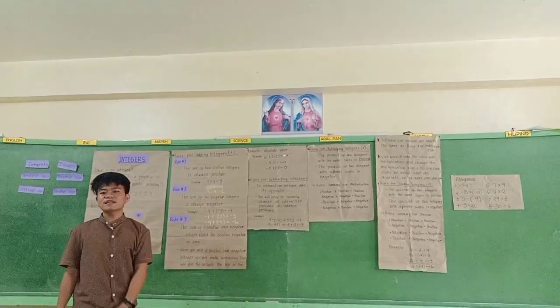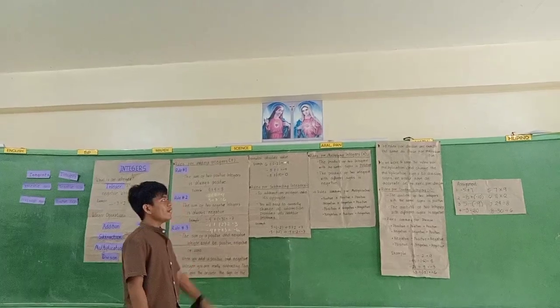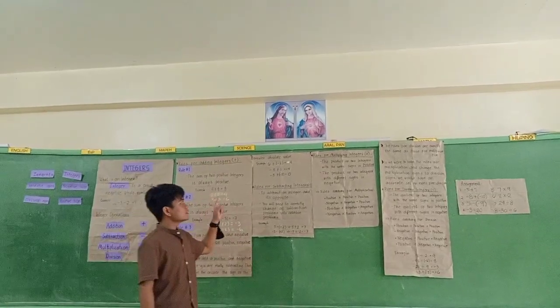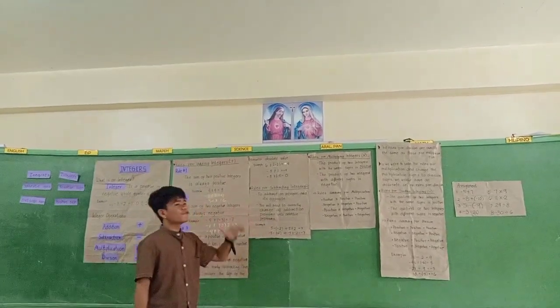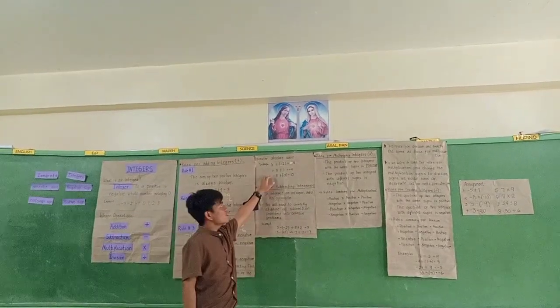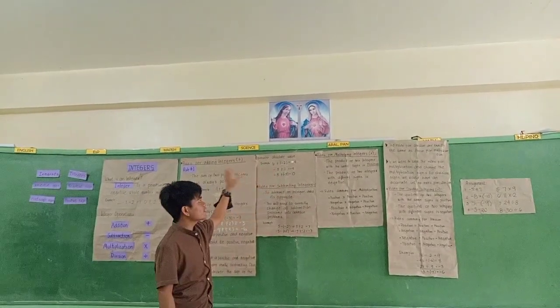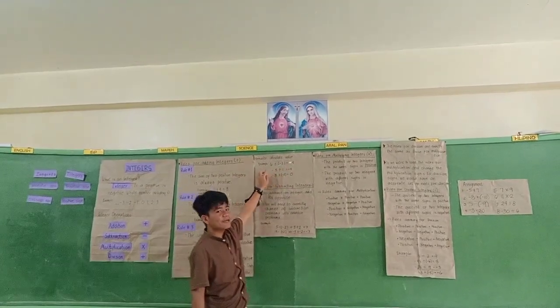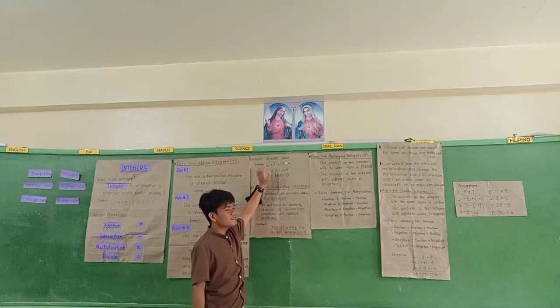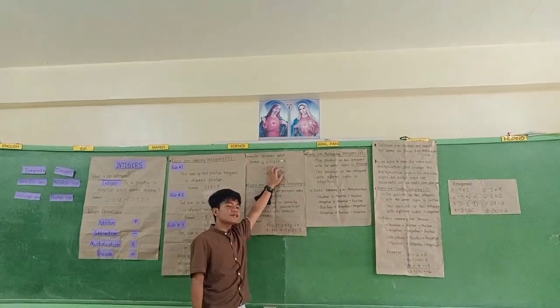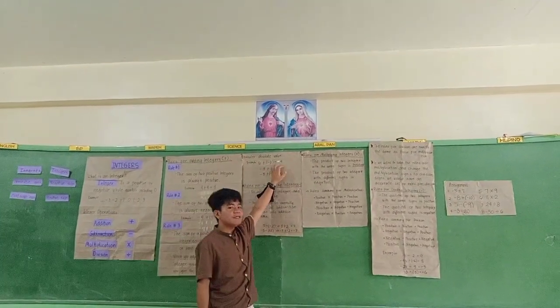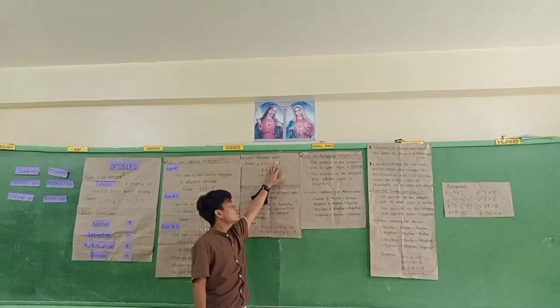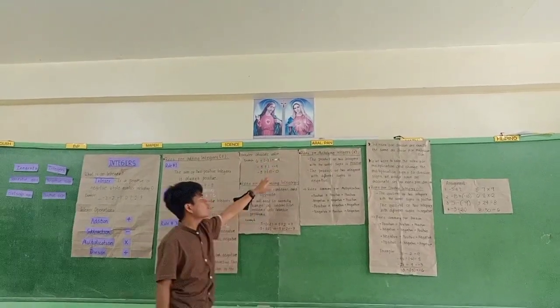Can someone give an answer? Okay, 4. So 6 plus negative 2 equals 4. Always remember that the sign will follow the greater absolute value, which is positive 6. Since positive 6 is bigger than negative 2, the answer should be positive, right? Okay, it would be positive 4.